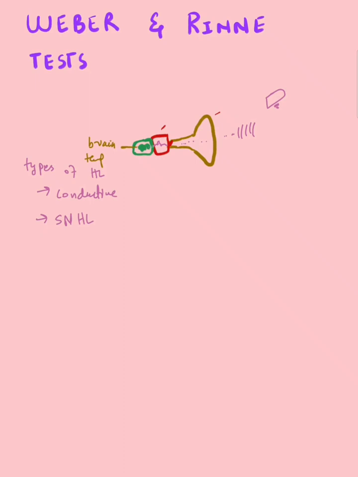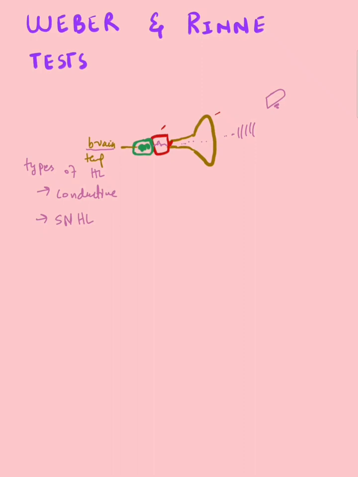As the stapes vibrates, it will vibrate the endolymph in the internal ear, and that will then stimulate the cochlear hair cells, and from then on, the signal is carried by the auditory nerve to the brain's temporal lobe. So this was the pathway of how sound waves are conducted by the ear.